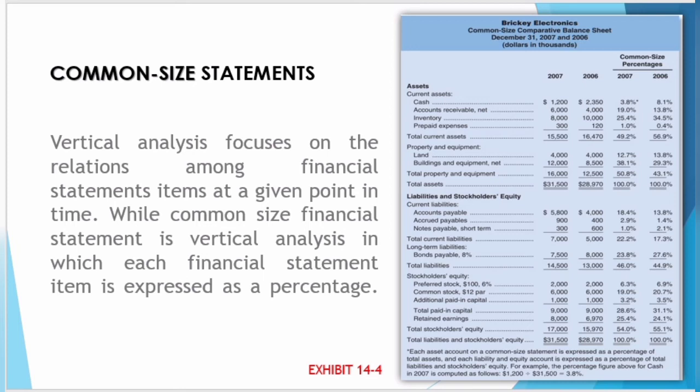Start with current assets: cash, accounts receivable, inventory, prepaid expenses, total current assets, then property and equipment: land, buildings, and equipment. Same with liabilities and stockholders' equity in 2006, the same formula: the amount of each account title above is divided by total liabilities and stockholders' equity to get the percent.